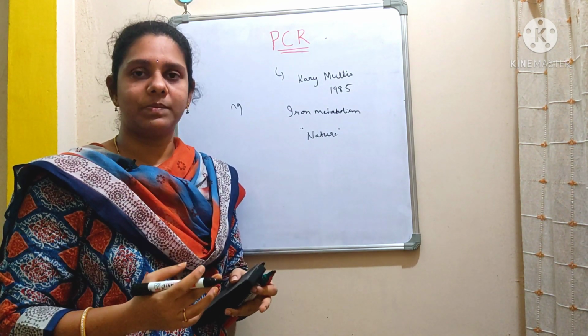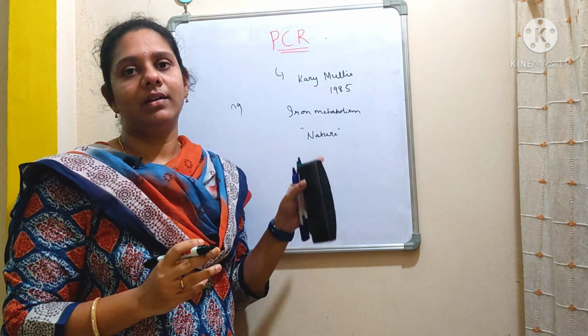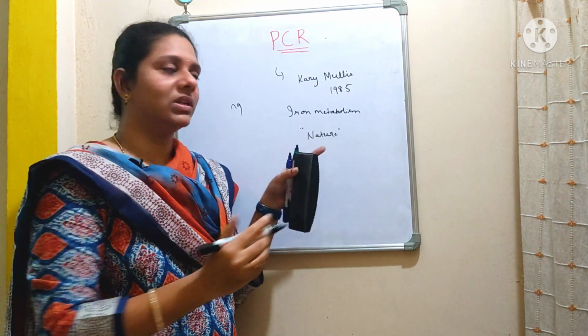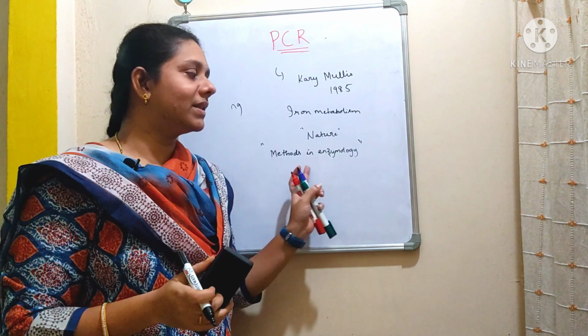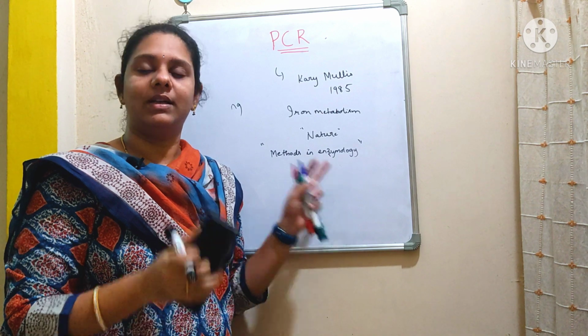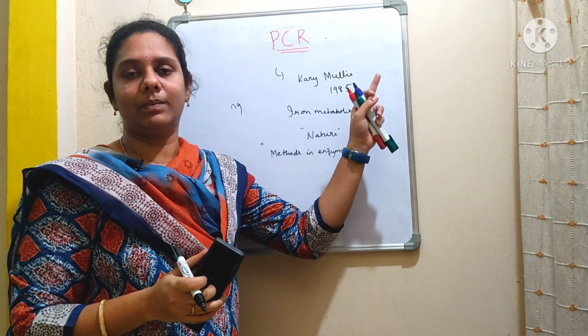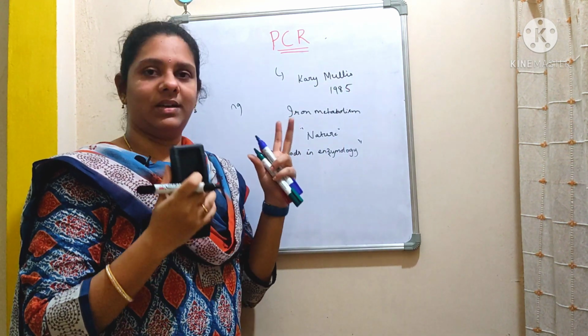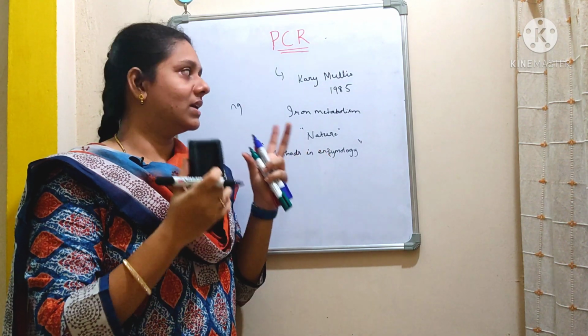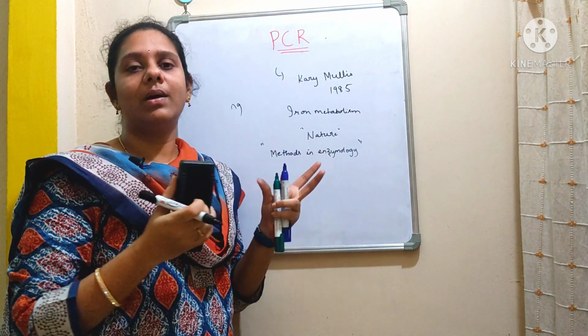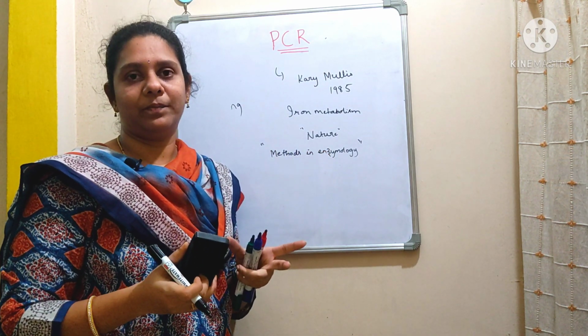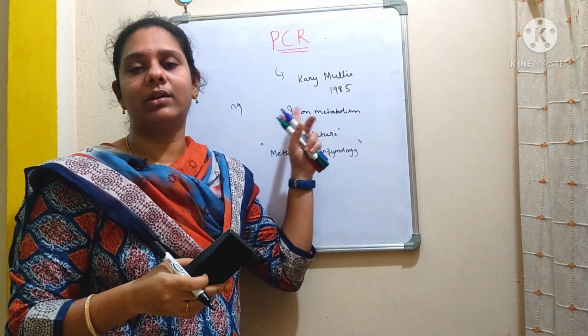He felt very upset. Later his findings were published in Methods in Enzymology. That's the story about Kary Mullis. So it's his thought, it's his efforts which we are making use of right now. Thankful to him, and let's move back to the topic.